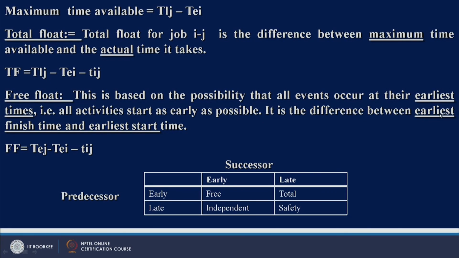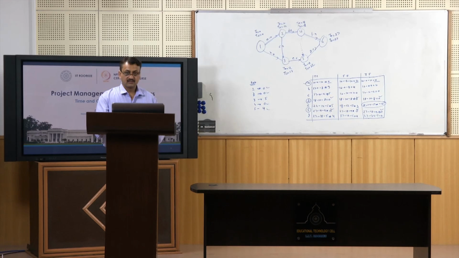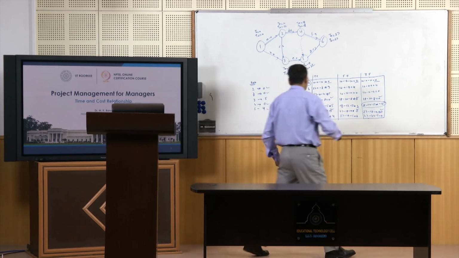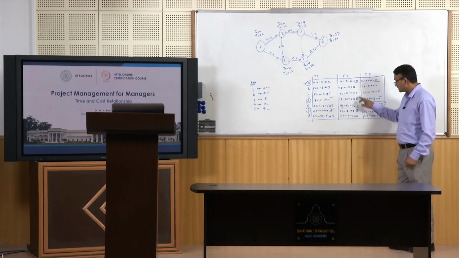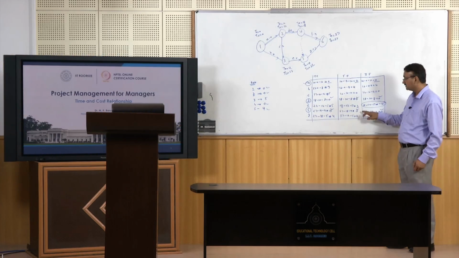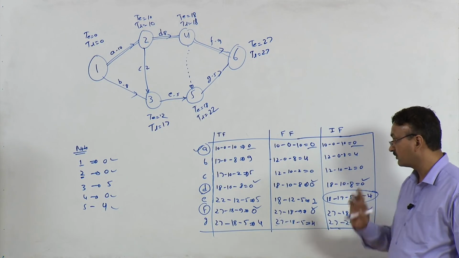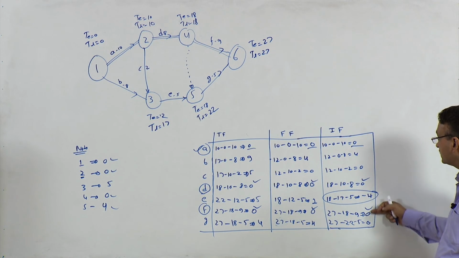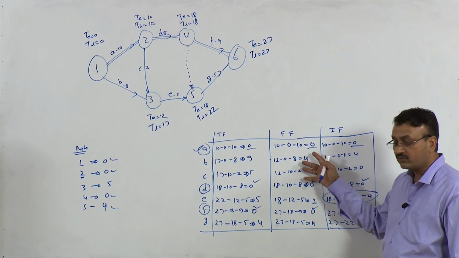It is the difference between earliest finish time and earliest start time. This float would be somewhat less than total float. Just see here, in no case is free float more than total float. Similarly, in no case is independent float more than free float and total float.